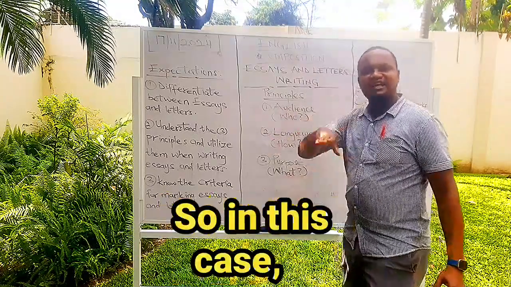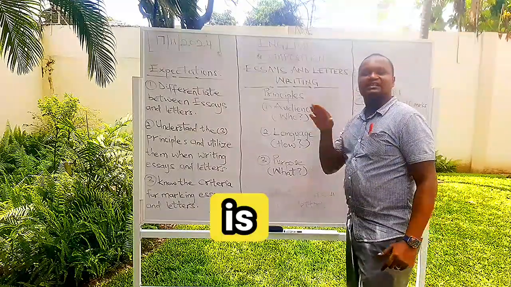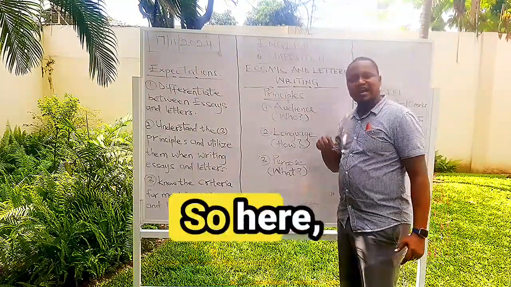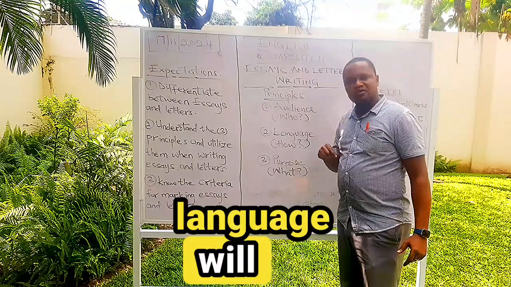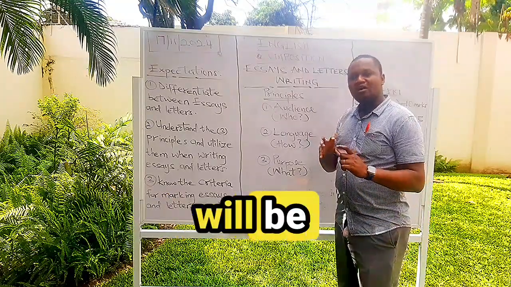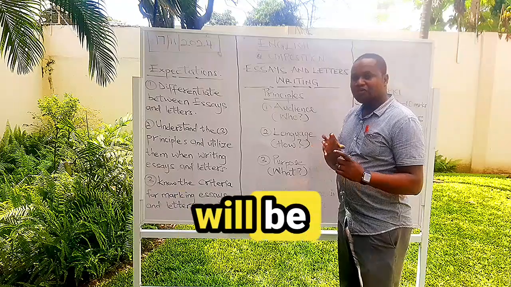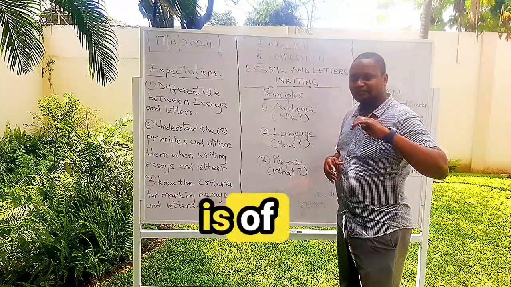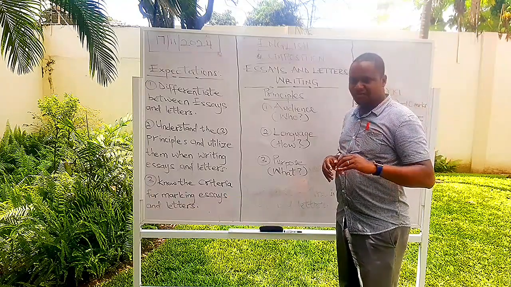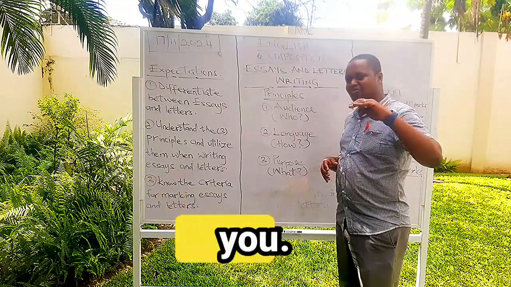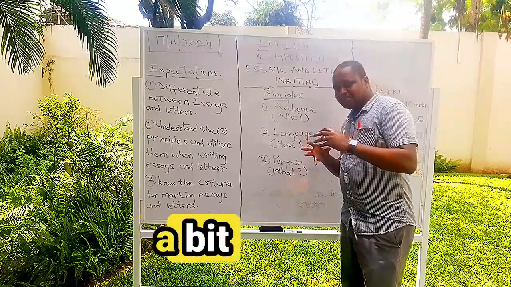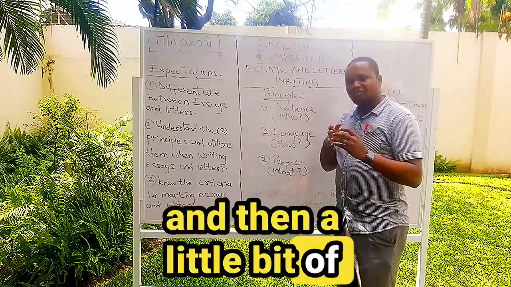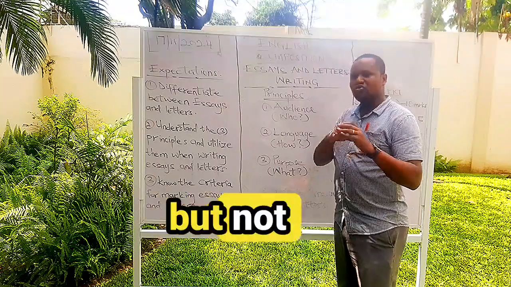In this case, a letter to your uncle is a semi-formal letter. Here, the language will be official because your uncle is of a higher class than you, so it's going to be a bit official and then a little bit informal, but not so informal.